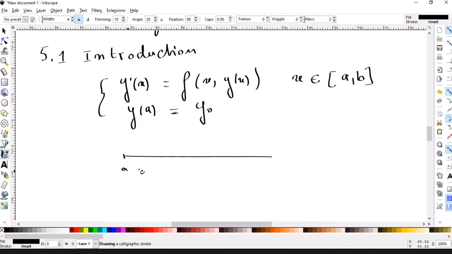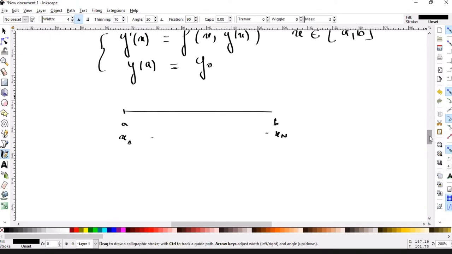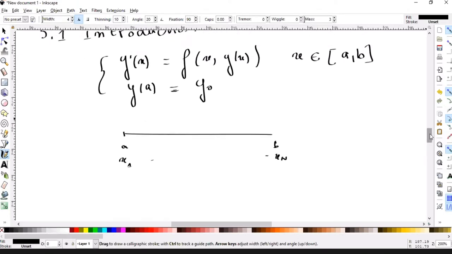Okay, so the interval [a, b] is this one, being x0, x1, up to xn.